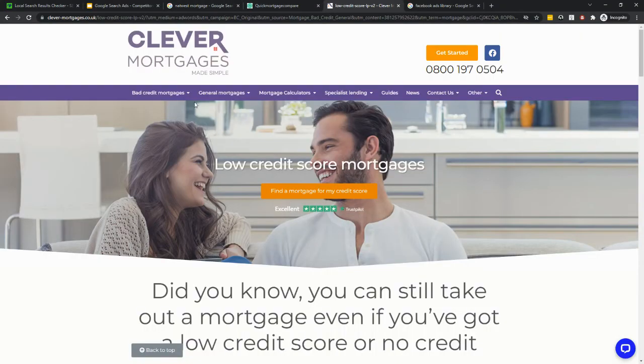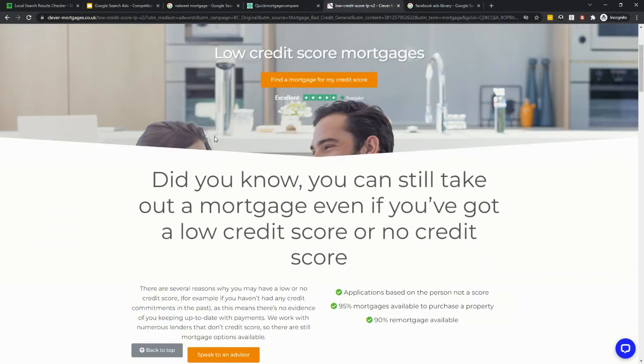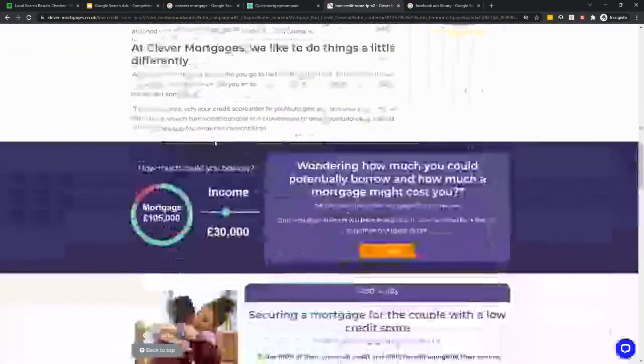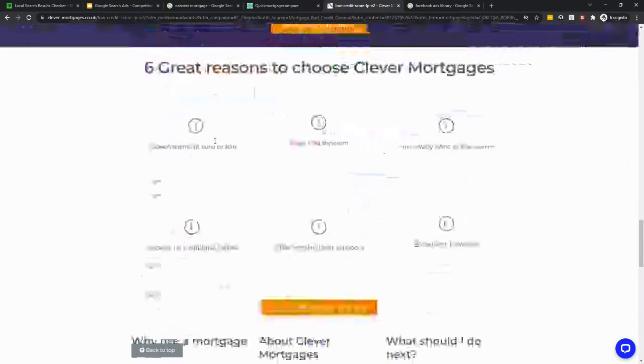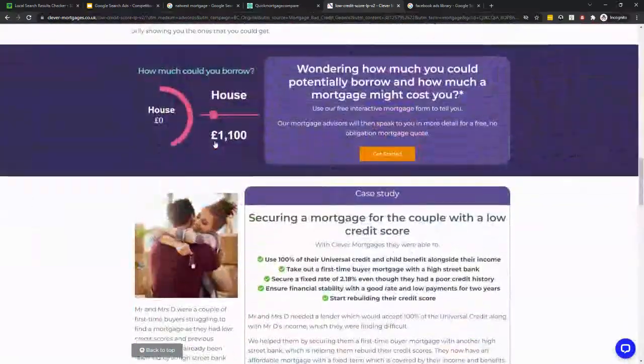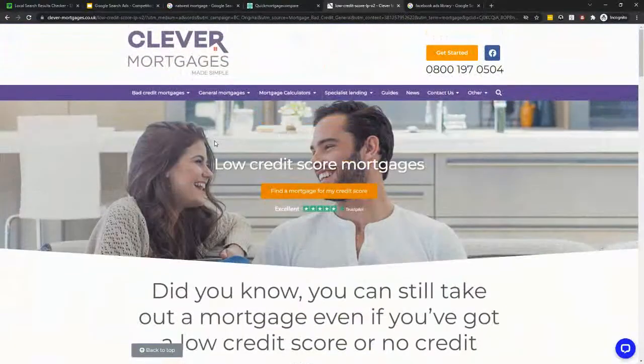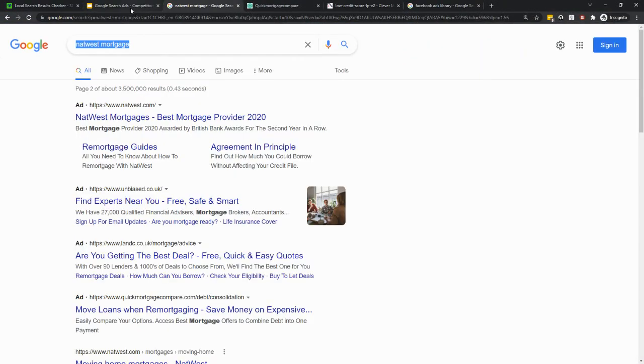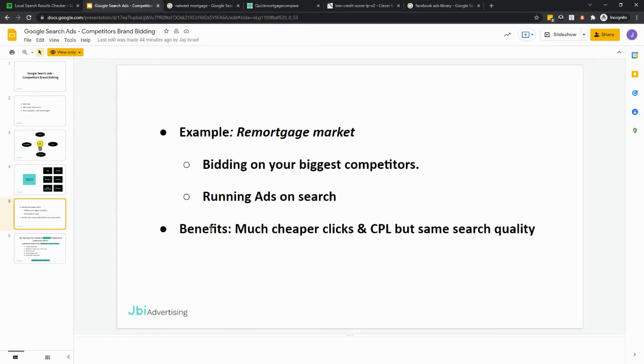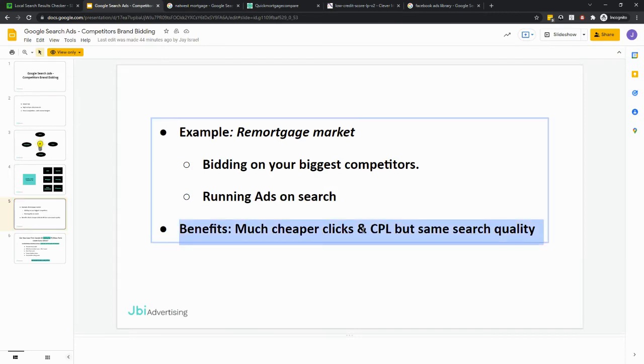So here's another one: claim mortgages, the exact same strategy. I'm not going to comment on the landing page or what have you, but just showing you a different perspective on search ads. This now allows us to get a much cheaper cost per click and ultimately a cheaper cost per lead, but at the same search quality.